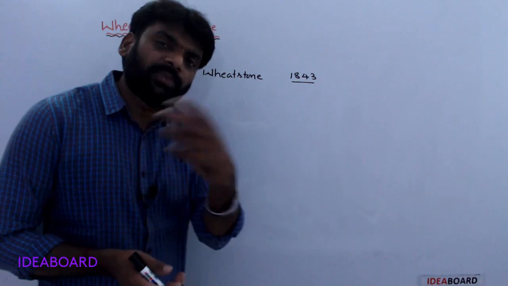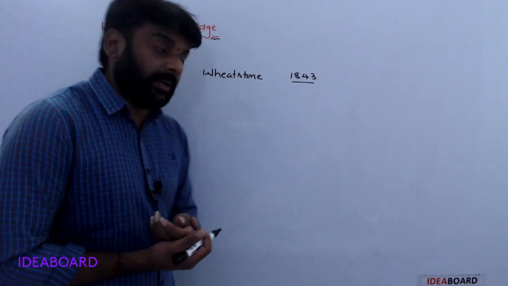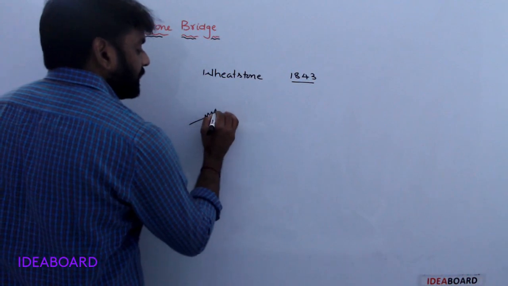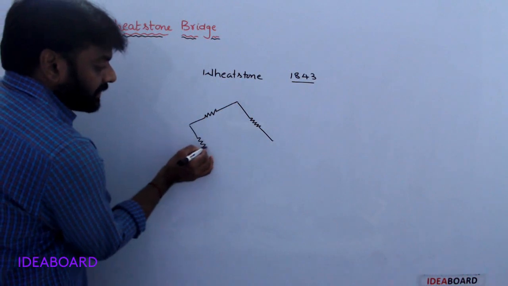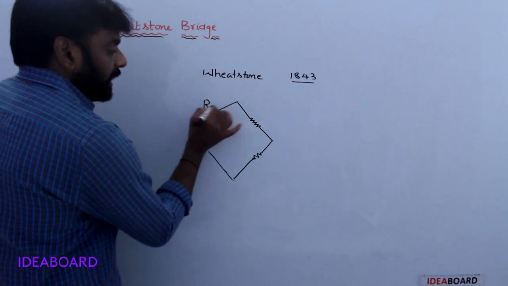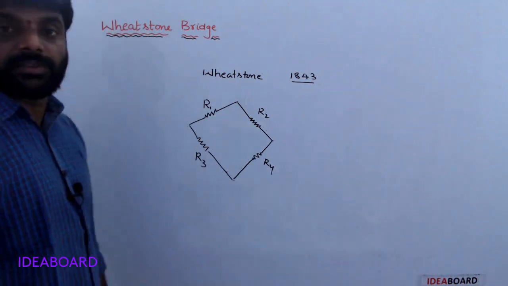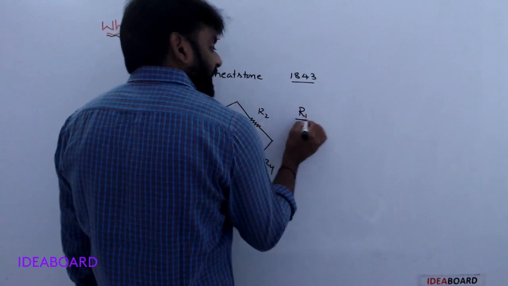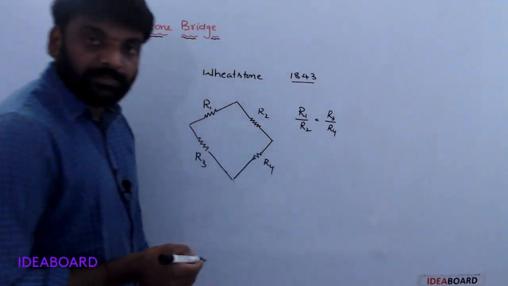How to find out the unknown resistance of a resistor? In this, four resistors are placed: R1, R2, R3, R4. In the balancing condition, R1 by R2 is equal to R3 by R4.